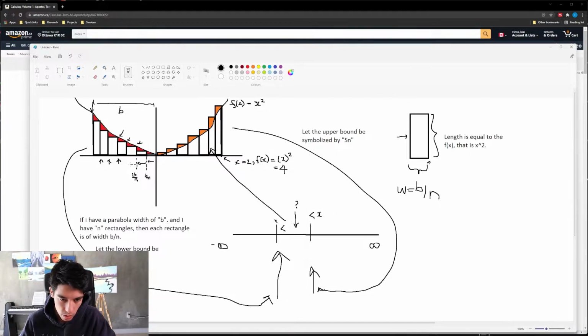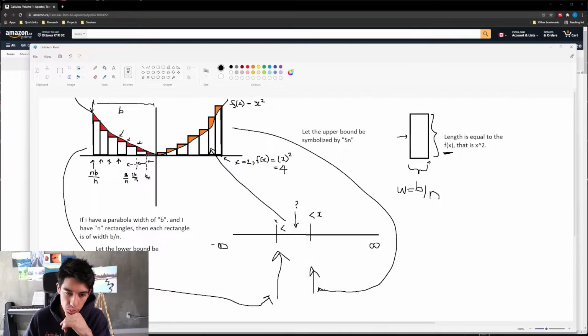And the more we iterate, this number increases to 3b over n, and finally to nb over n. This gives us a way to figure out the x value for any of these given rectangles. And because we know the x value, now we can compute the height.